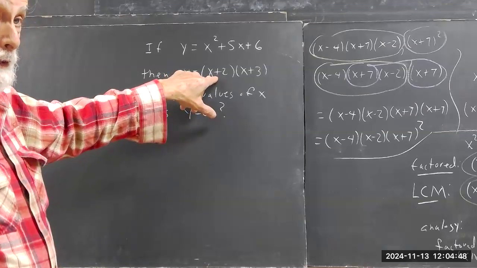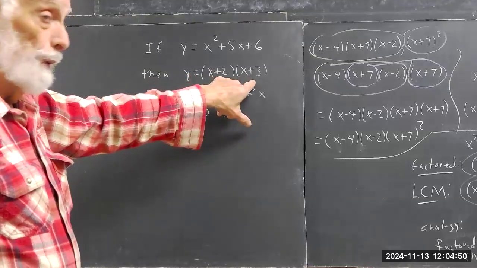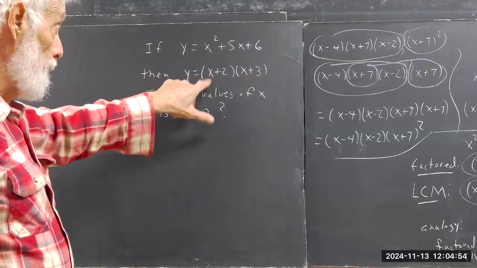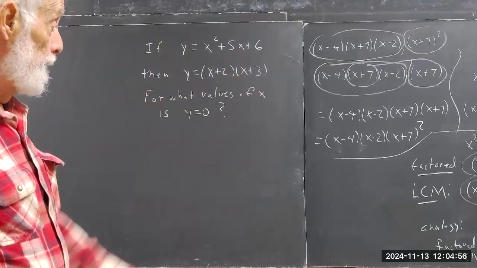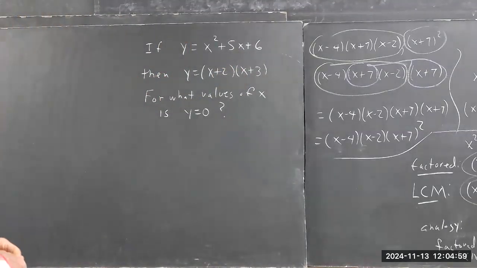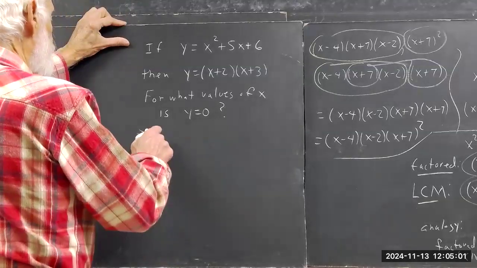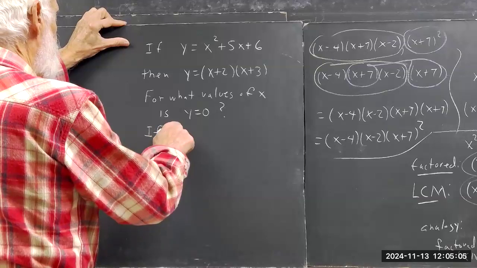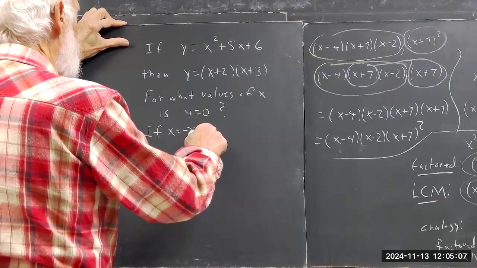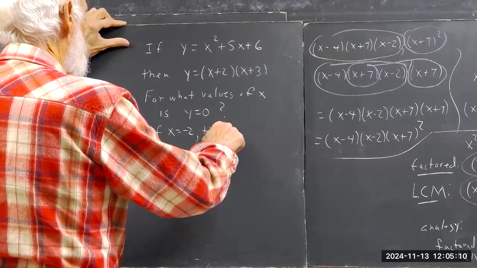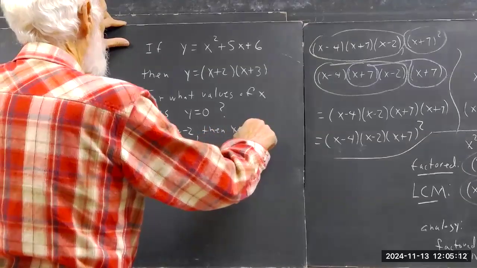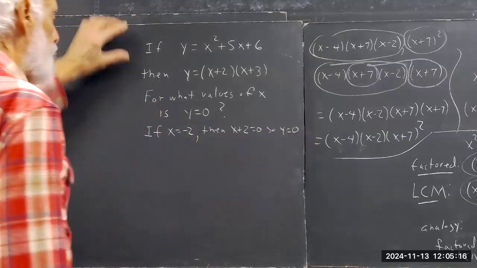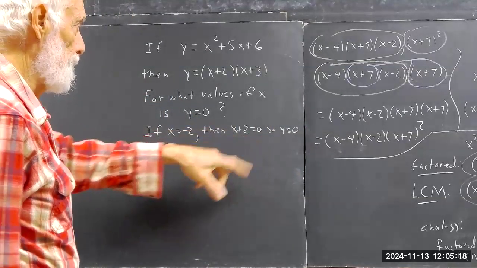X is -2, that's going to give you 0. And 0 times whatever x plus 3 is still going to give you 0, right? So if either of these factors is 0, you're going to get 0. Okay, so for what values of x is y equals 0? If x is -2, then x plus 2 is 0.